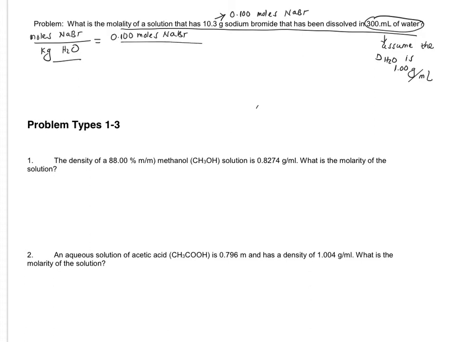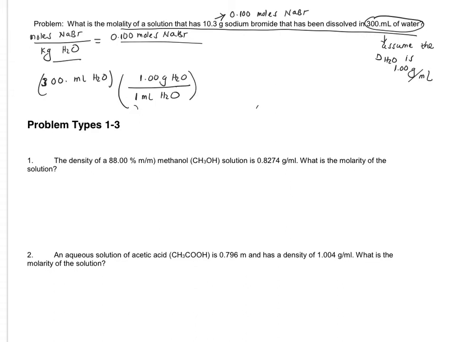Now we need to get our kilograms of water. So we start off with the volume that's given in the problem, and we're going to use the density to get our grams of water. So 1 mL of water is to 1 gram of water.